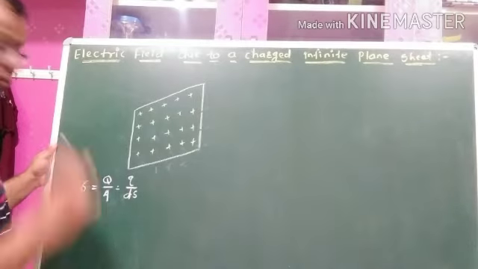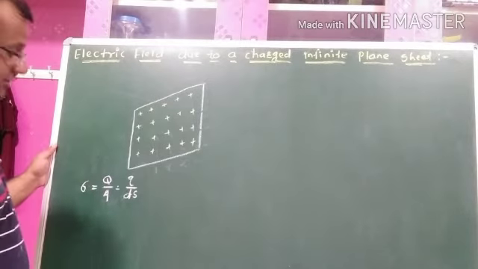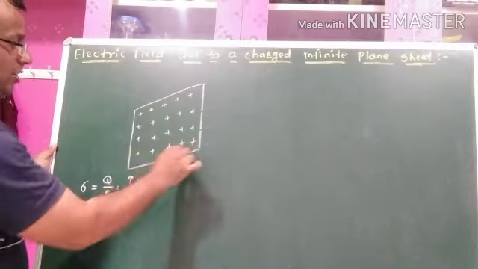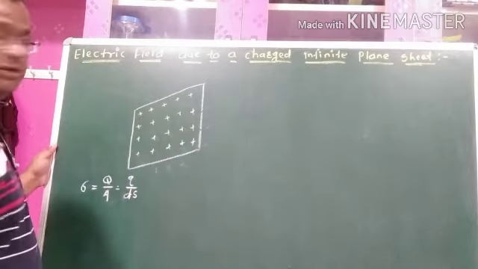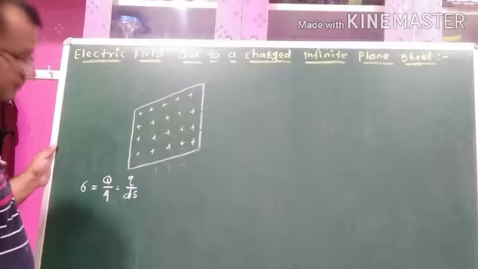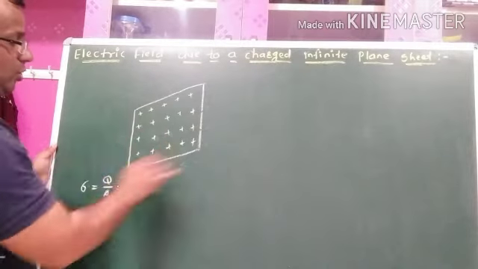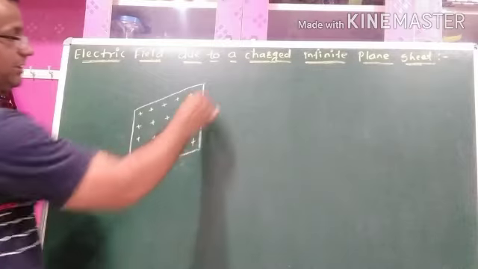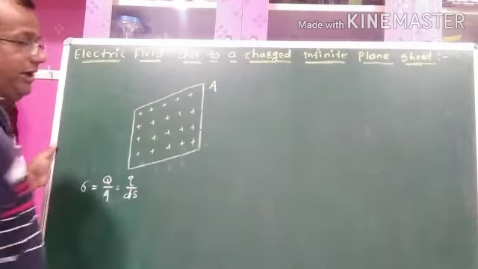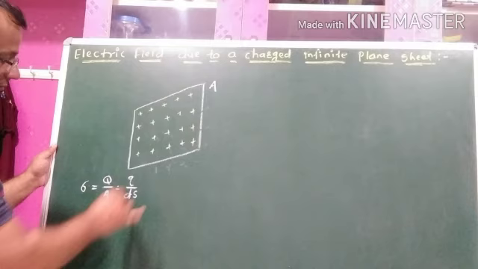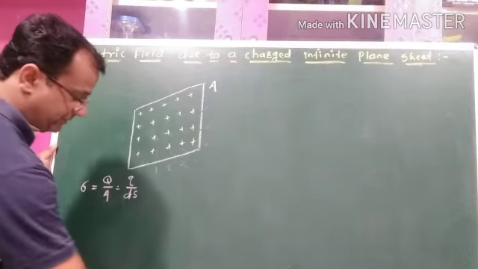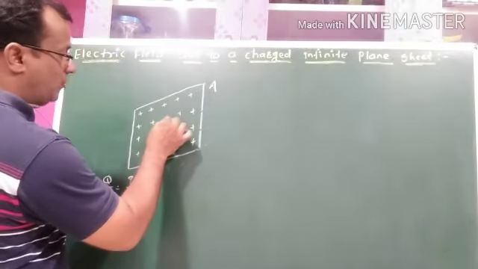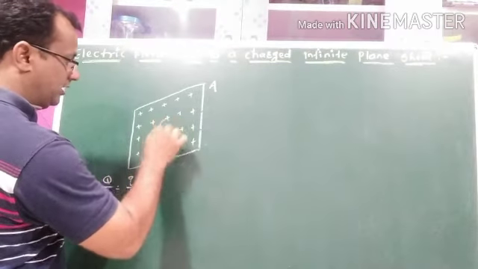Now this is the formula of surface charge density. Here capital Q means the total number of charges present on the surface of this conductor, and A means the total area of this conductor. Suppose the area is A. Here small q is the number of charges in a small area of this conductor.